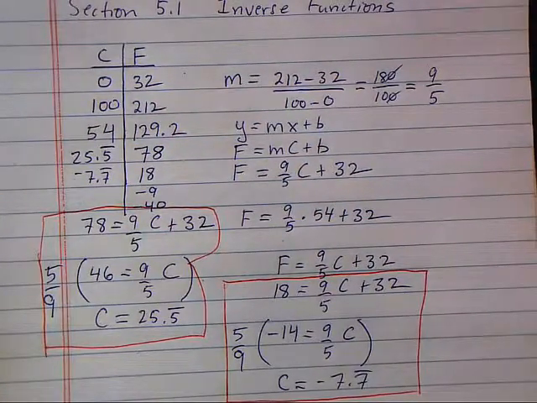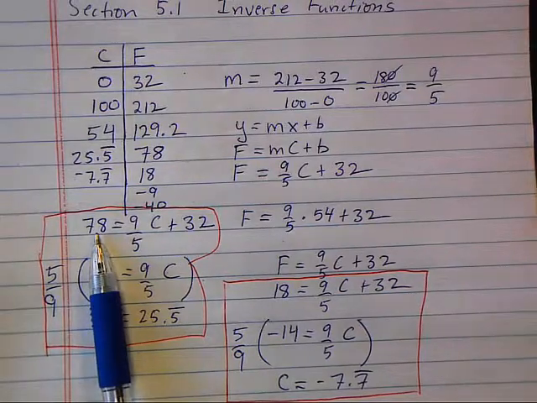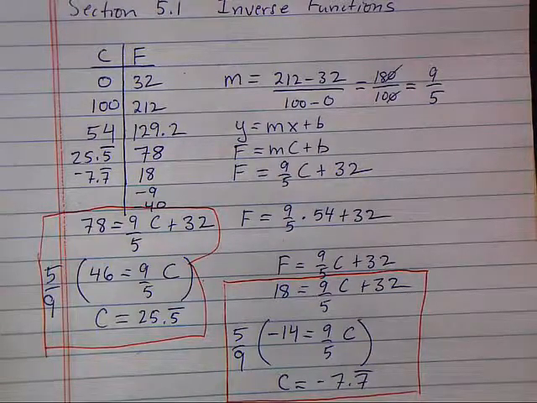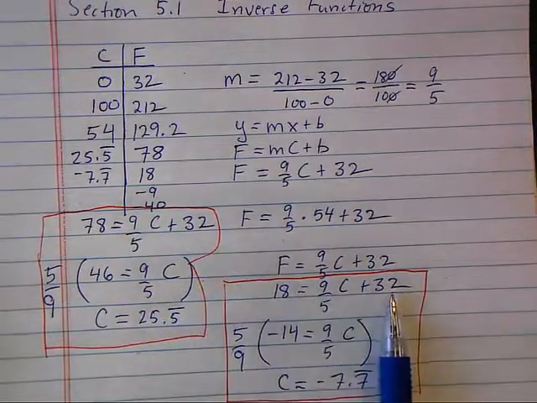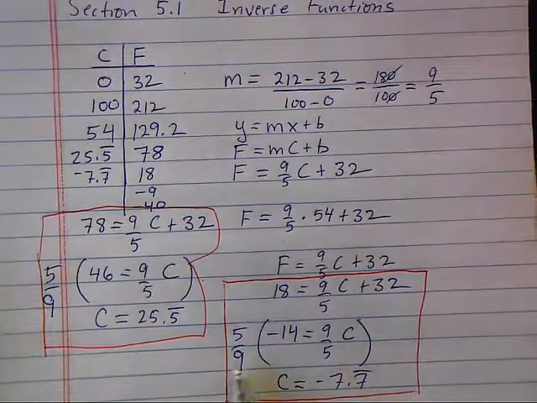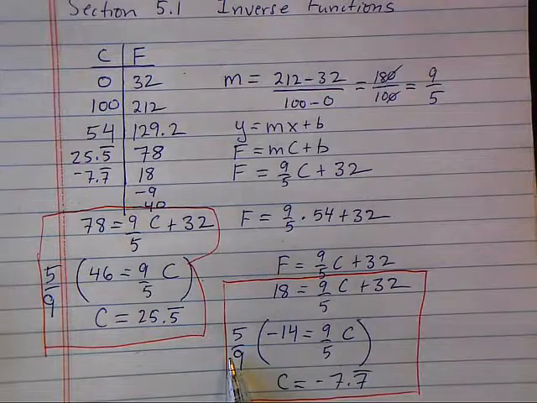How did the steps in those two problems differ? In this case, I told you F was 78. In this case, I told you F was 18. What did we do for both problems? We subtracted 32 for both problems, and then we divided by the 9/5, which we decided to multiply by 5/9.